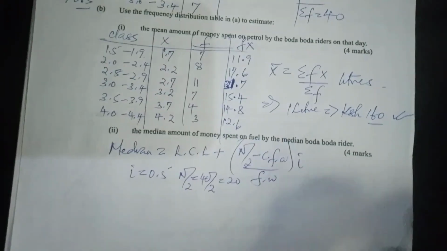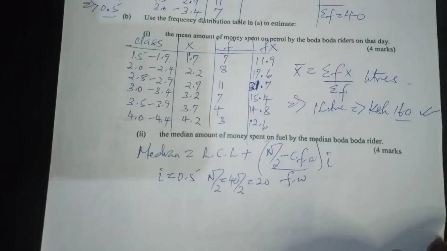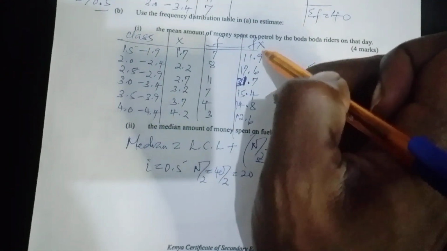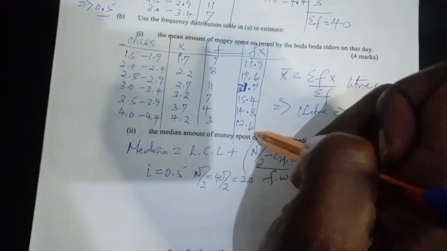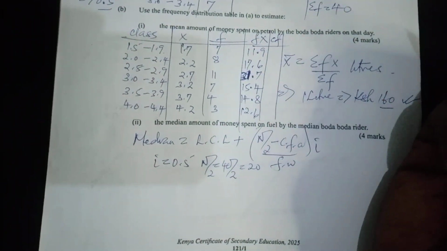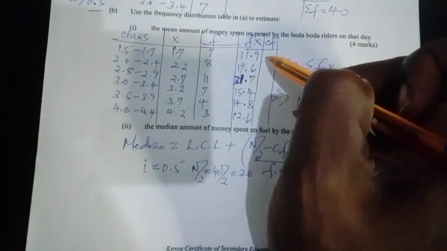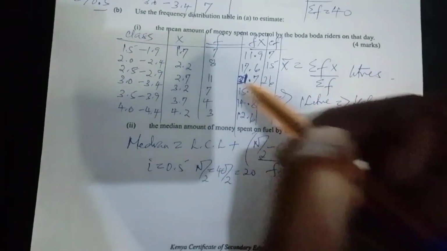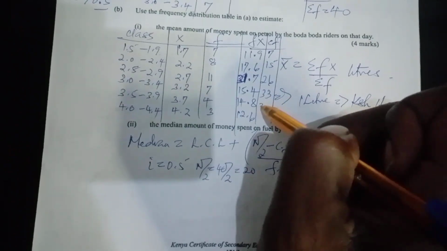So we are going to have another column for the cumulative frequency, where we have 7. When we add here, we get 15. Then the next one is 26, then 33, and 37.